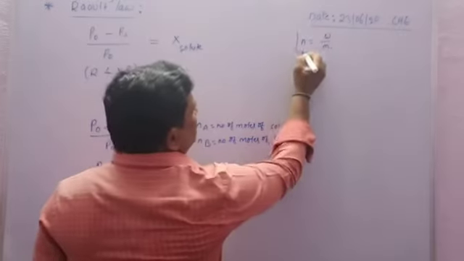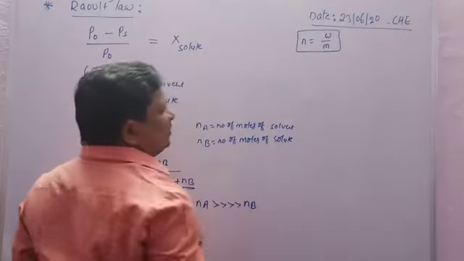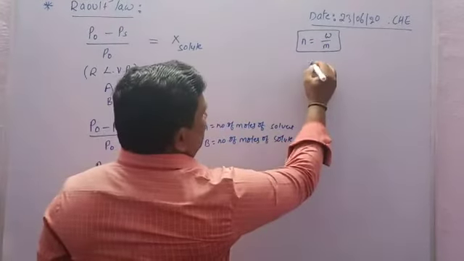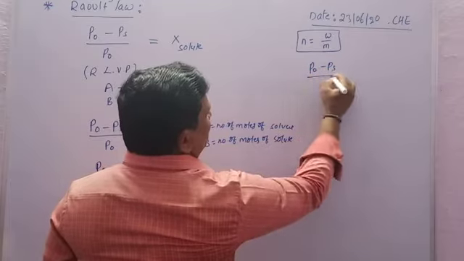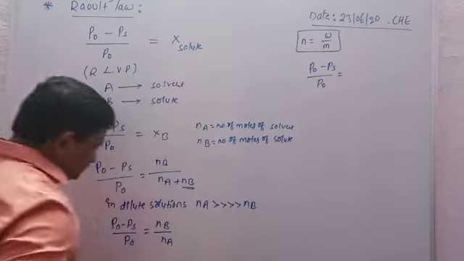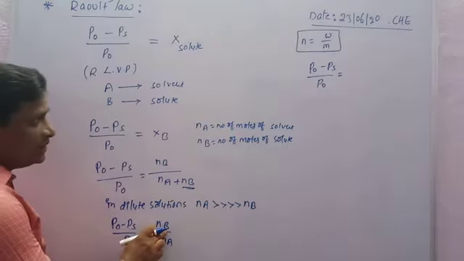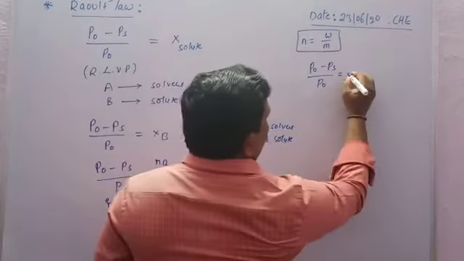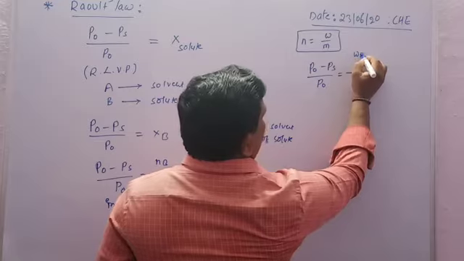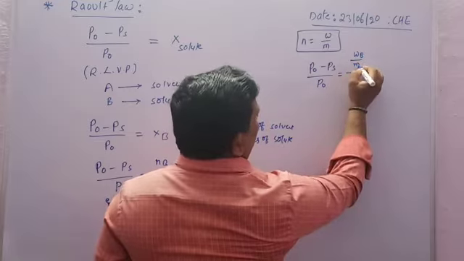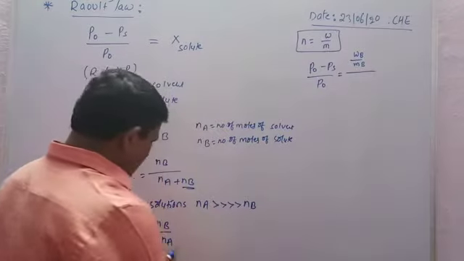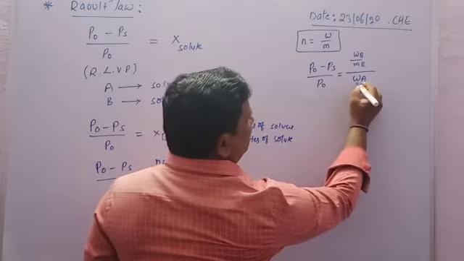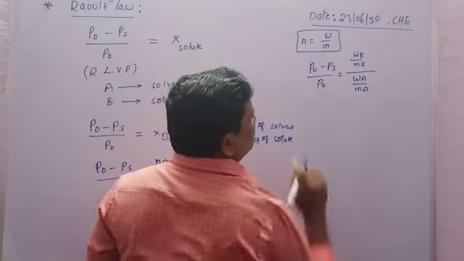So P naught minus Ps by P naught equals the number of moles of solute, which is the weight of solute by molecular weight of solute, divided by the number of moles of solvent. The number of moles of solvent means weight of solvent by molecular weight of solvent.